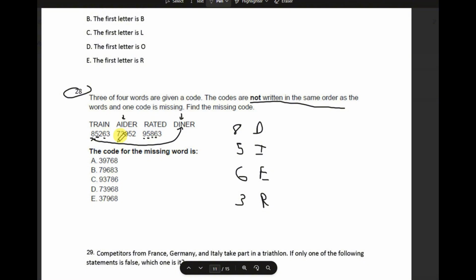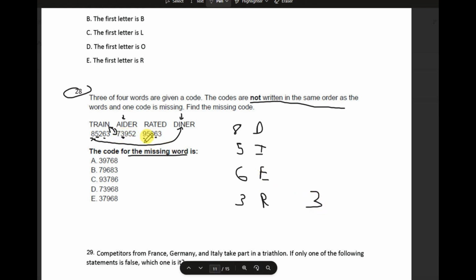So this one ends in, or second letter is R. We know that it's train, meaning the missing code is for rated, and that's going to be, starting with an R, 3.